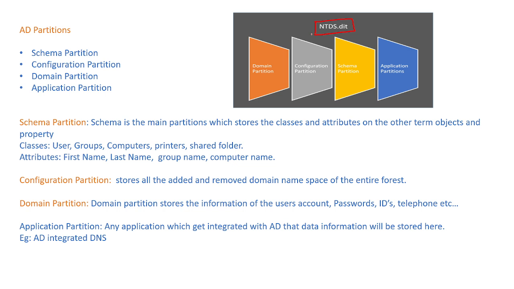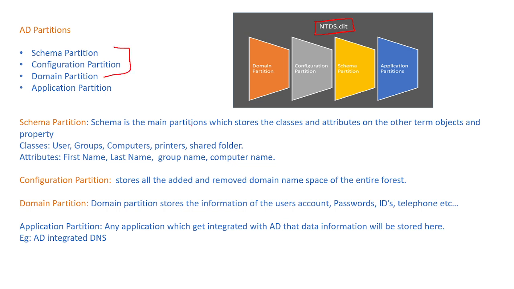The first is the schema partition, the second is the configuration partition, the third is the domain partition, and the last is the application partition. If you ask me, sir, will there be four partitions by default? No. When you install Active Directory, we will only have three partitions.